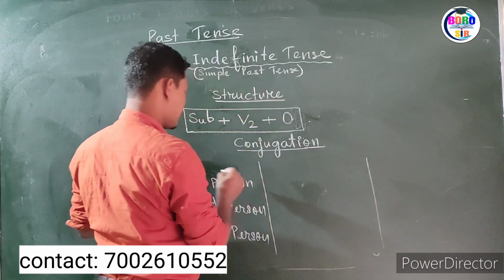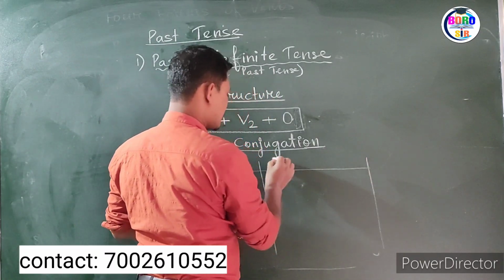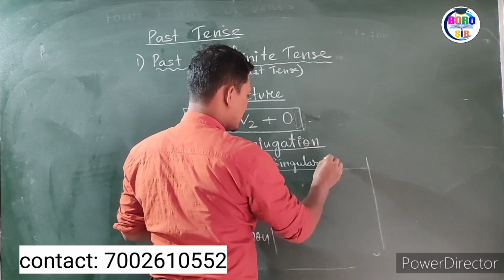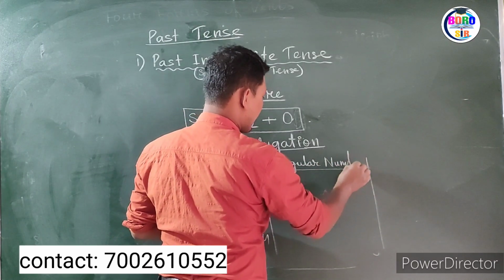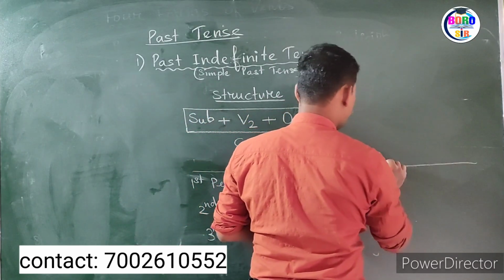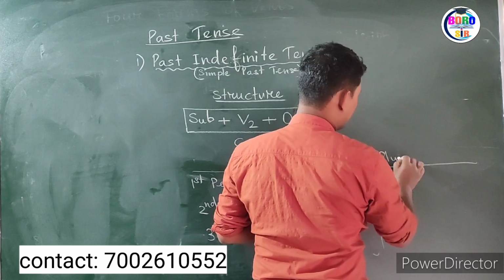The first column is for singular number, and the second column is for plural number.